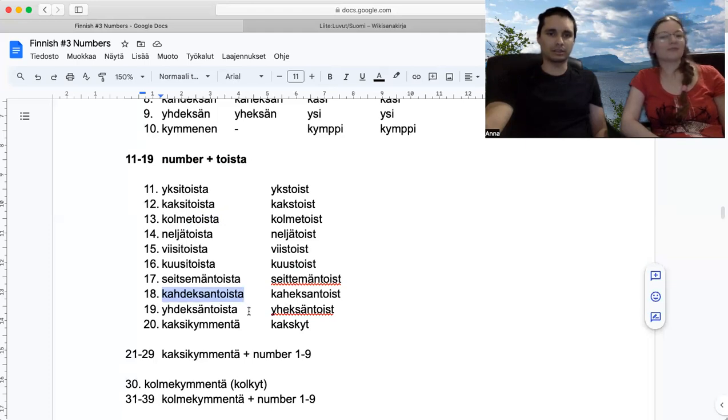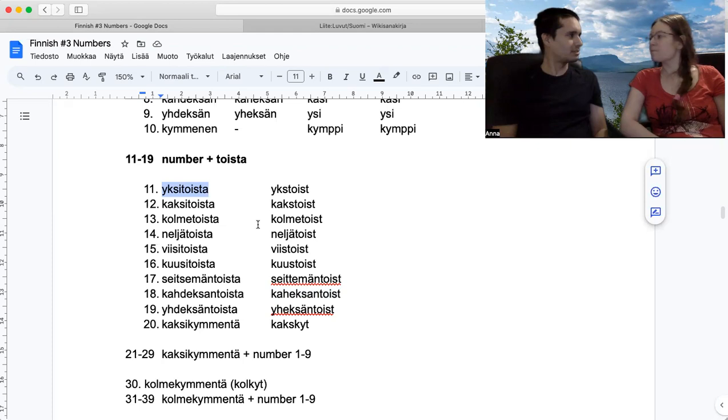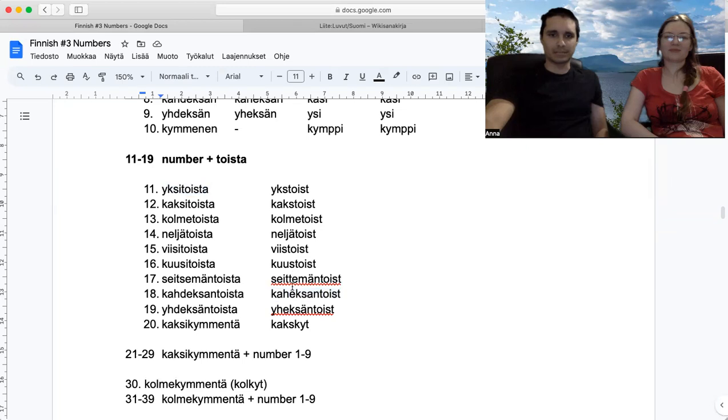18, 19. Okay, that was from 11 to 19. If I read them quickly, it's really hard with the formal ones, like 11, 12, 13, 14, 15, 16, 17, 18, 19, 20.